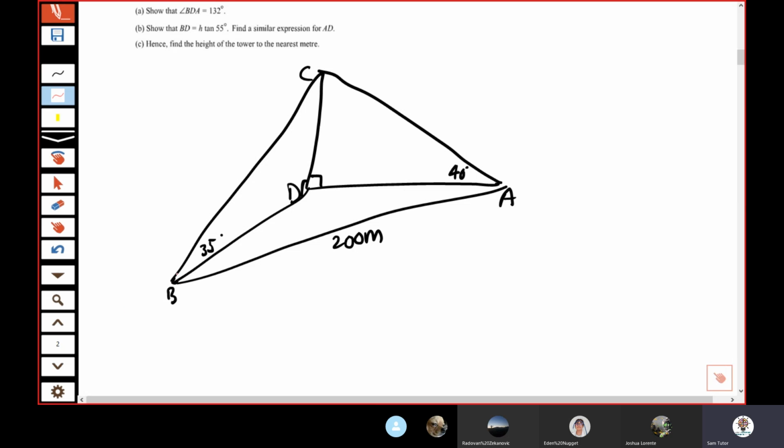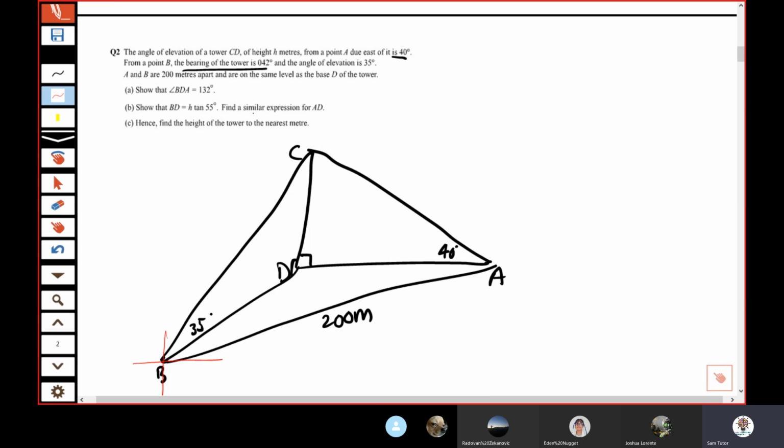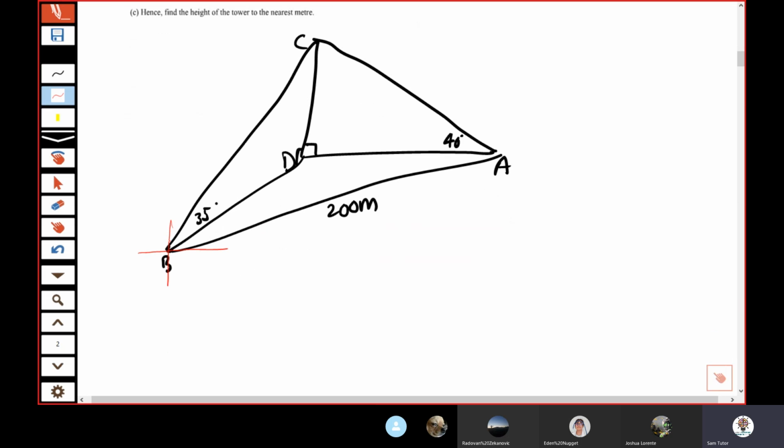So you've got to imagine me on the ground, right here. And there's the tower. Bearings work from north, right? So the tower from B, that bit there, is 42 degrees. Do you get that? From B, the tower is 42 degrees.